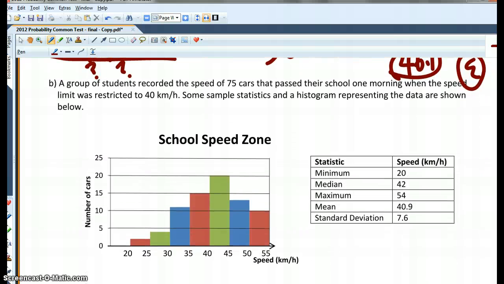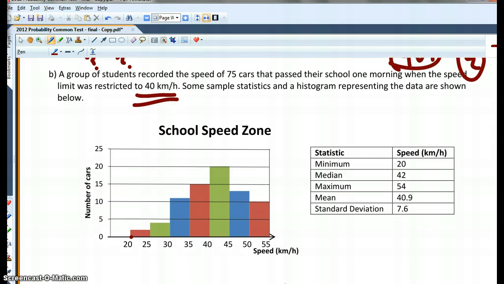Okay, next. A group of students recorded the speed of 75 cars that passed their school one morning when the speed limit was restricted to 40 kilometres an hour. Some sample statistics and a histogram representing the data are shown below. We can see the minimum speed is 20, the maximum speed is 54, and we've got a mean and a standard deviation.